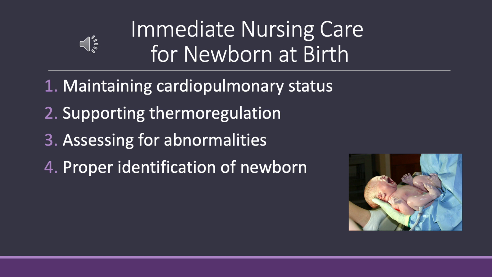The nurse will assign APGAR scores at 1 and 5 minutes after birth. The APGAR score is a rapid assessment tool for reporting the status of the newborn as it transitions to extrauterine life. Muscle tone, pulse, grimace, skin color, and respiration are assessed and scored.